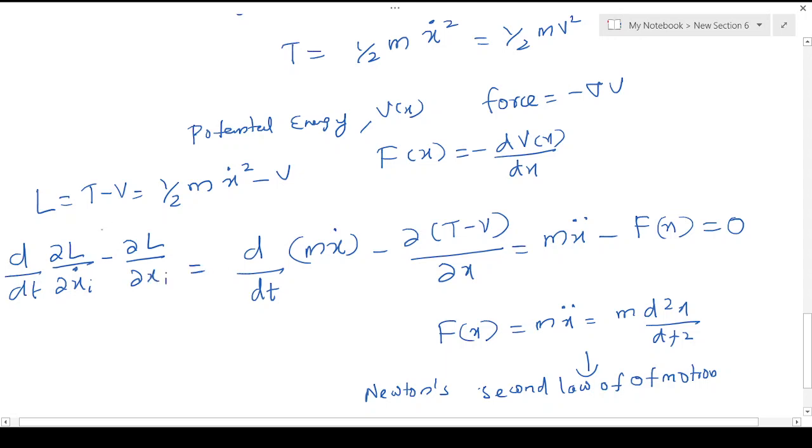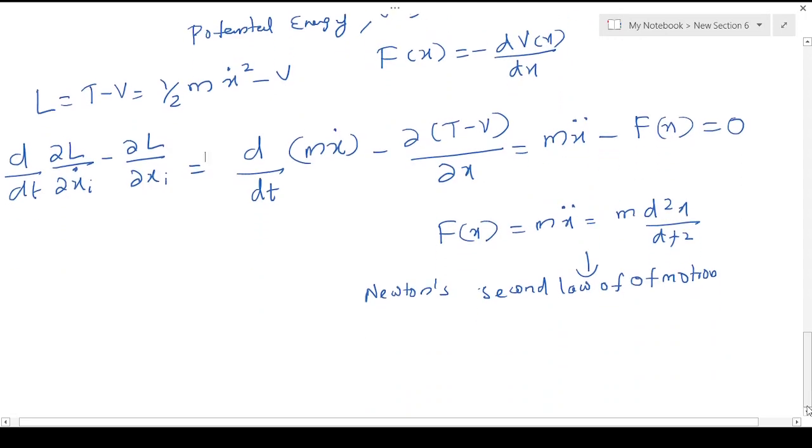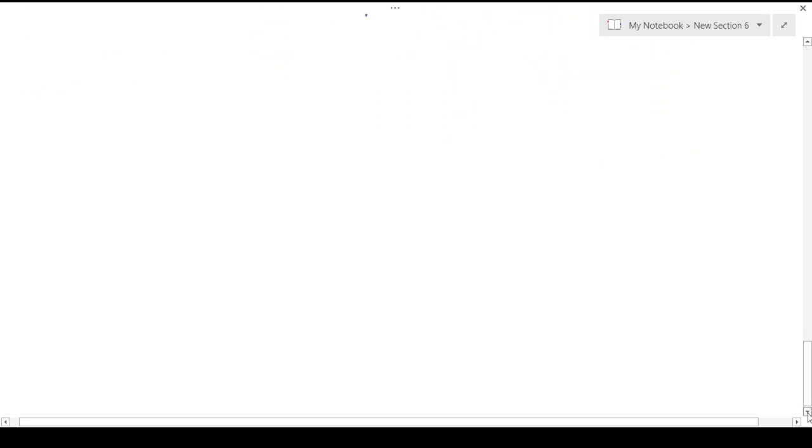So when you substitute L equal to T minus V, that is half m x dot square minus V, you will be getting d by dt of m x dot minus dou L by dou x. So I already said that from the Lagrangian equation one can derive Newton's law of motion. That's what we have done here. Okay. Now let me just take another example.